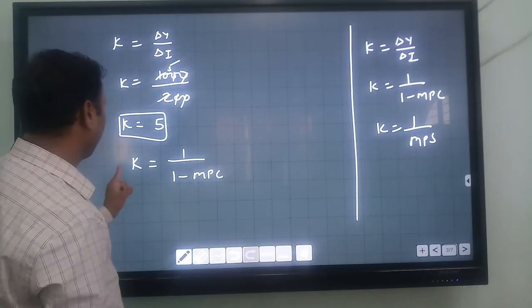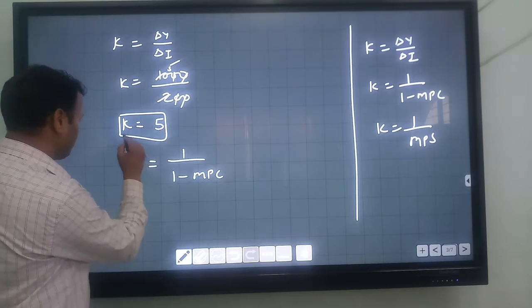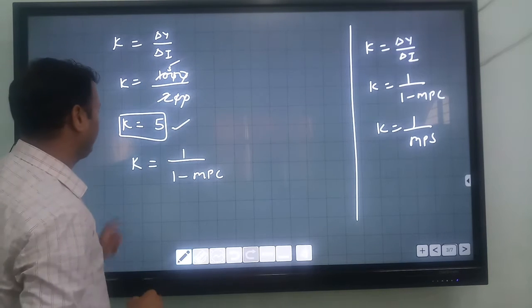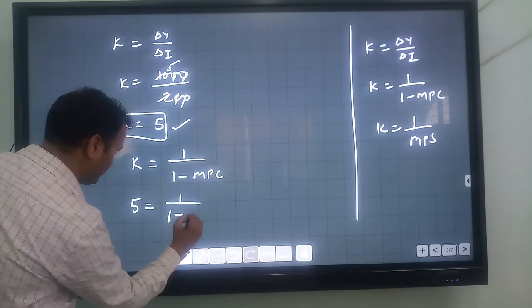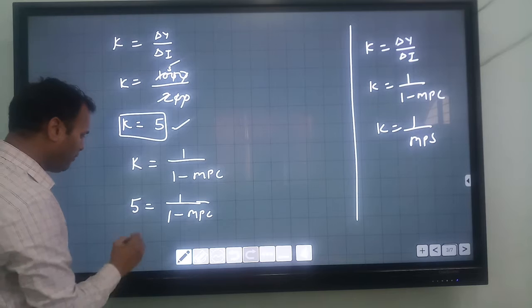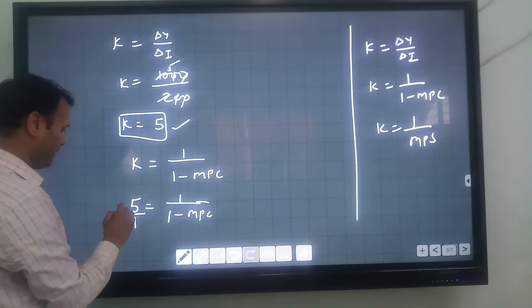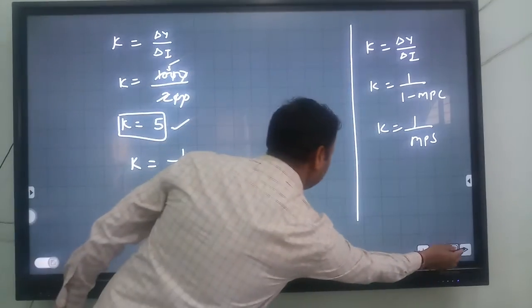Now what will we do? We will put the value of K in these equations. The value of K is 5. So 5 is equal to 1 upon 1 minus MPC. Okay. Now what will we do? We will divide it by 1, then we will cross multiply.